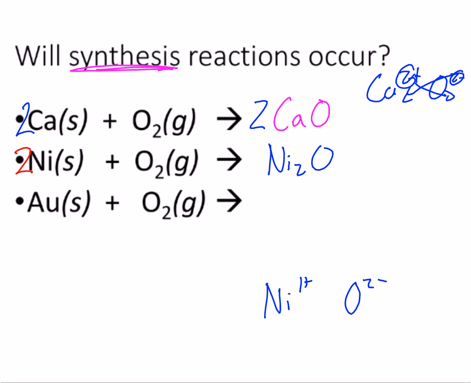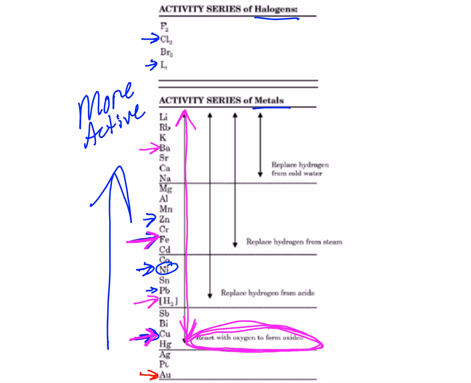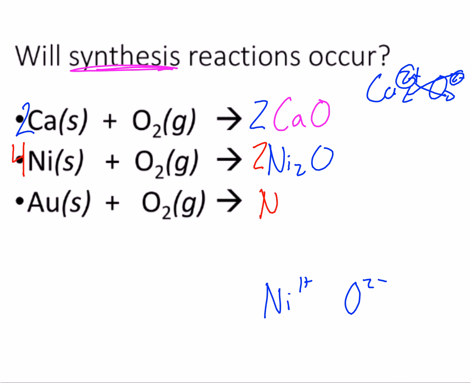Is it going to be 2, 1, 2? Yeah, it's 4, 1, 2 is what it would be. That's how you balance that. Do you have to write the ones in there? No. You do not have to. If you don't write anything in there, guys, I'm assuming it's a 1. Question? At the bottom. So gold will not react with this last one because it does not form an oxide with oxygen. So no reaction is all we have to write.